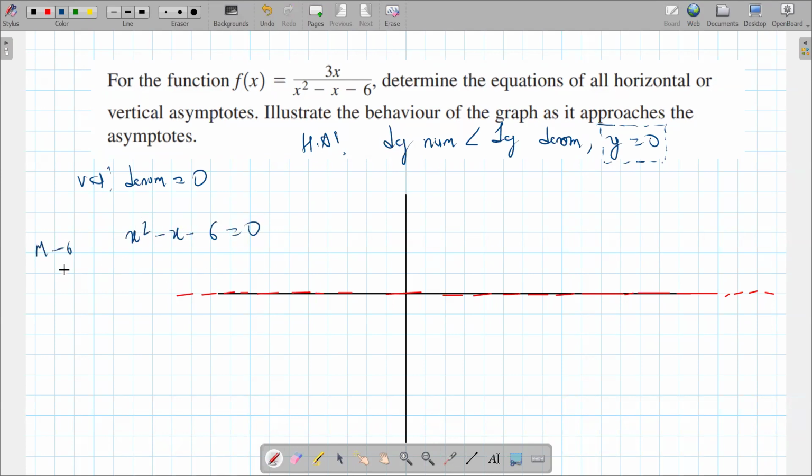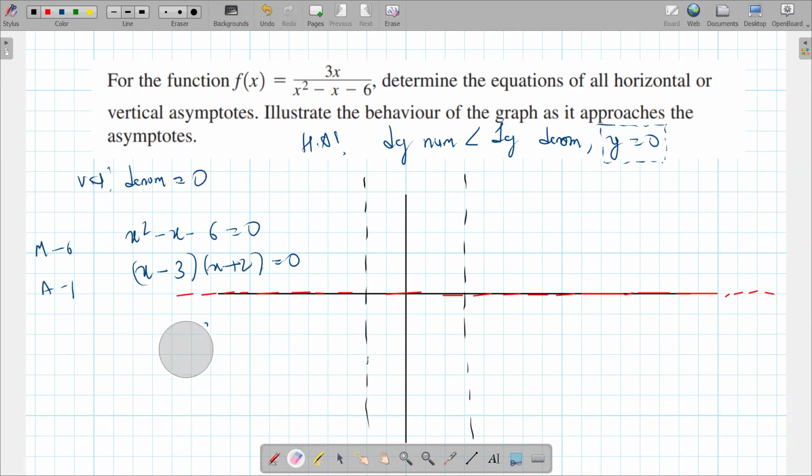Multiplies to negative 6, adds to negative 1. What are the two numbers? Negative 3, positive 2, right? This means x is 3 and x is negative 2. So you have two different vertical asymptotes. At 3, 1, 2, 3, and at negative 2.